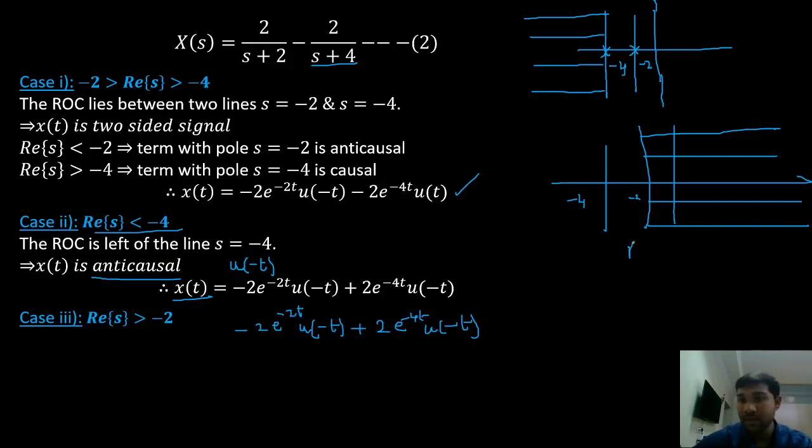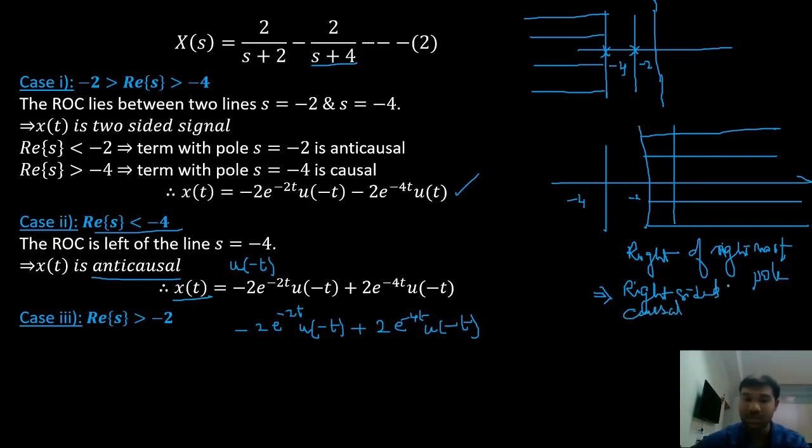My ROC is right of the rightmost pole, right? So my x of t is going to be a right-sided signal, or a causal signal. Right-sided signal means nothing but a causal signal, right?